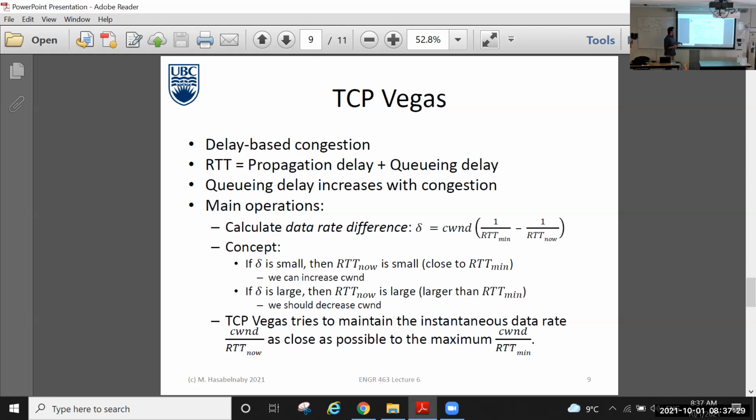TCP Vegas tries to maintain the instantaneous data rate as close as possible to the maximum rate, where the maximum rate is the congestion window size divided by the minimum round trip time.